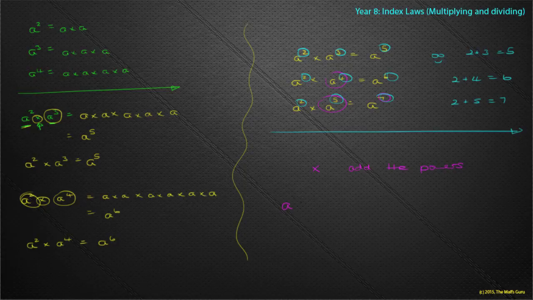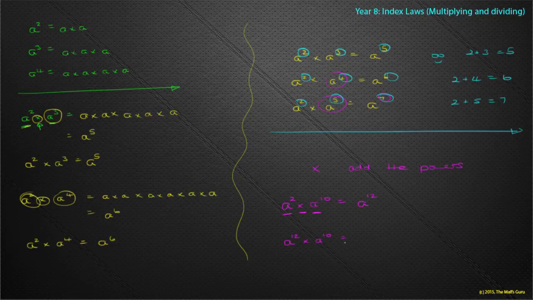So when I multiply two floaty numbers together, I can add the powers. So if I have a squared times a to the 10, are they multiplied together? Yep. Do they have the same base? Now that's really important here. The letters or numbers have to be the same. So a to the floaty 2 times a to the floaty 10 is a to the floaty 12. What about a to the 12 times a to the 10?